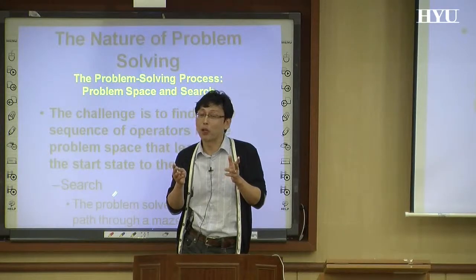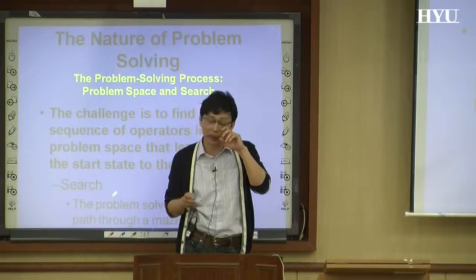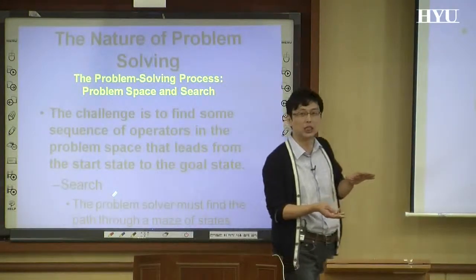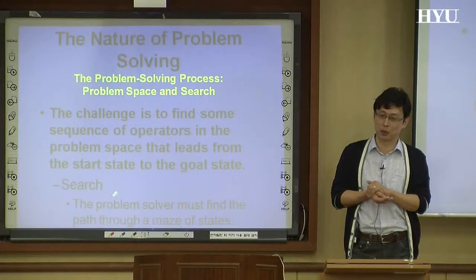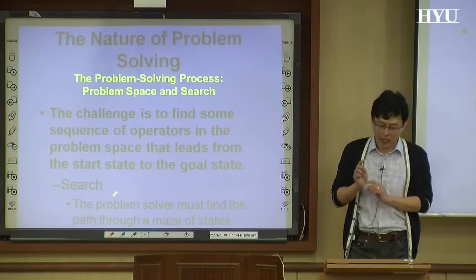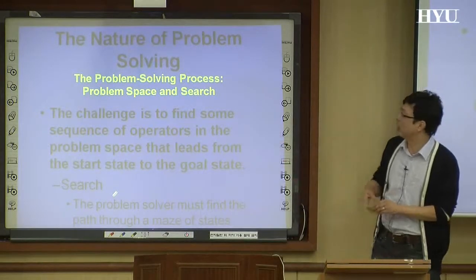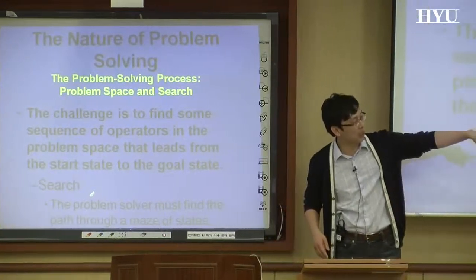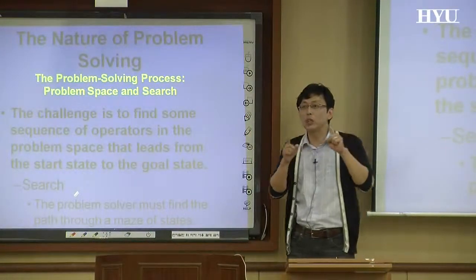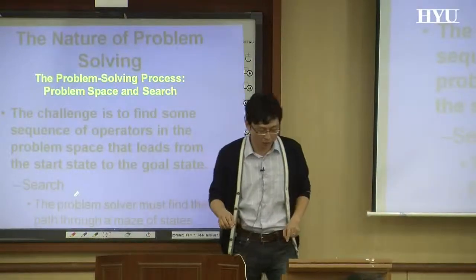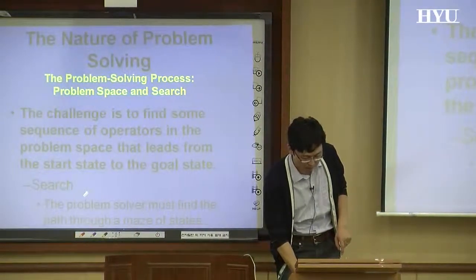We are not sure whether people use these kinds of things. That's why problem solving research is trying to find empirical evidence whether we do the same thing as a computer. So the idea is this: when you have a state definition like this, with all the states, people try to search it. You never know what I'm trying to say. Okay, I will show that.